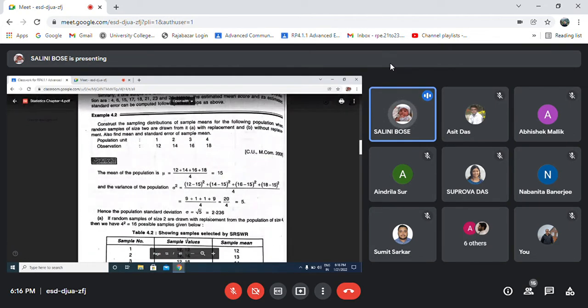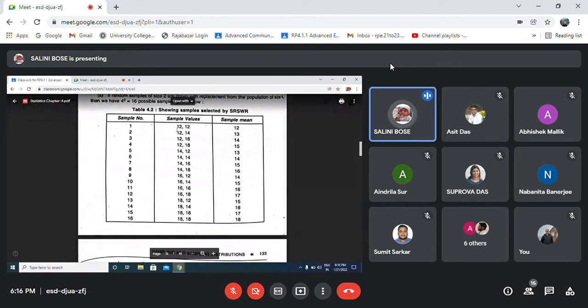To find the standard error of the sample mean, or the mean of the sample mean, we first need the sample means. From these sample values we can easily get them. For the first sample, 12 and 12, the average is 12. For 12 and 14, the mean is 13. For 12 and 16, the mean is 14. Like this, we get all the sample means for the 16 samples.